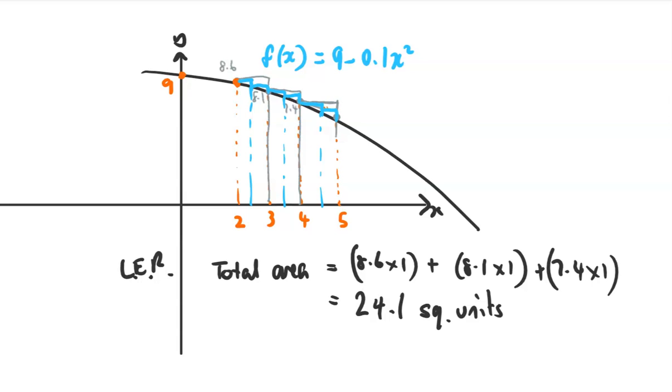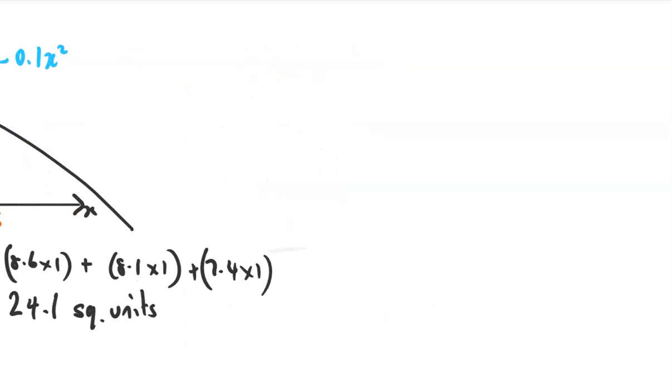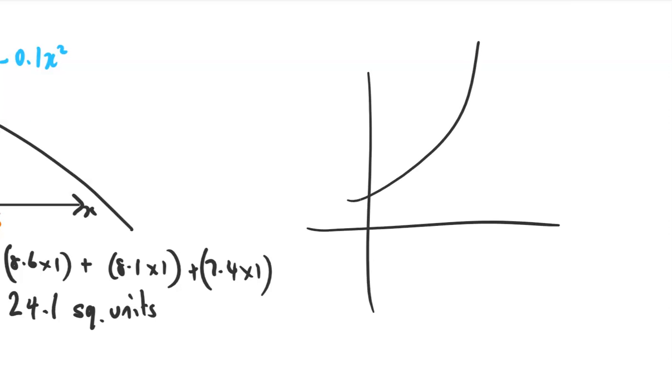Okay. But in this case, when the graph is decreasing like this one, left end rectangles is always going to be a bigger value. If my graph is ever increasing, so if I'm looking at an area of an increasing graph, like this one, then left-hand rectangles would look like this.